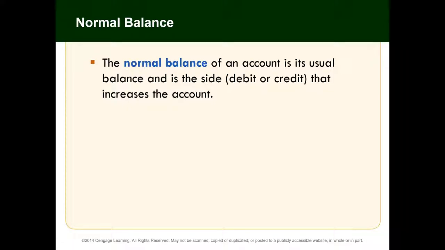That's what we say: it's either a debit or credit balance. So all assets, their normal balance should be debit. All liabilities, their normal balance should always be credit, the right side.